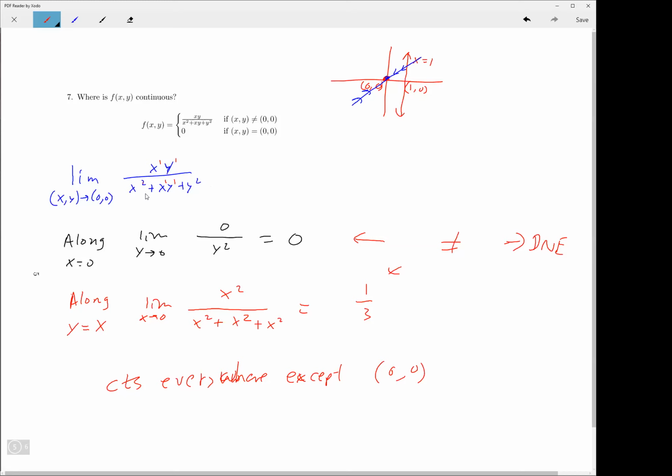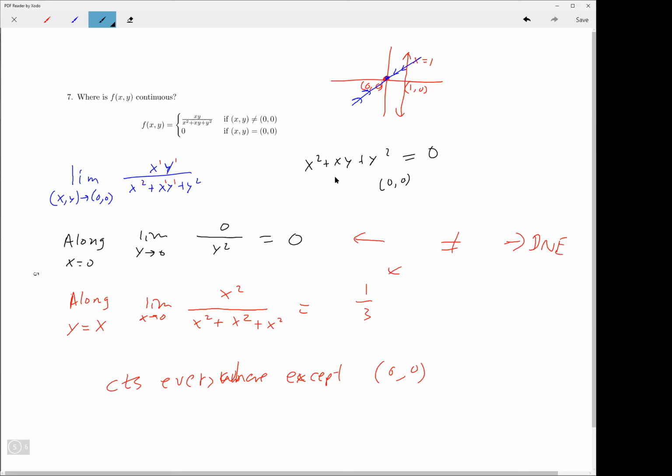If you try to solve for this, the only solution is 0, 0: x equals 0 and y equals 0.